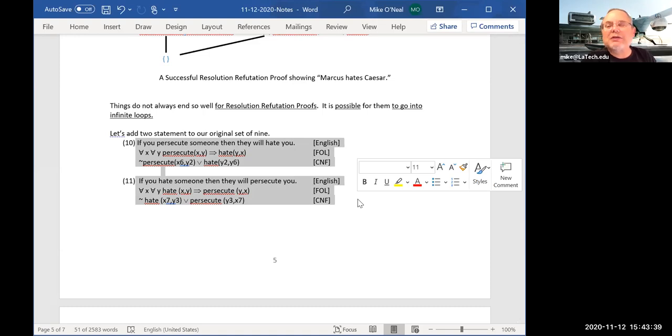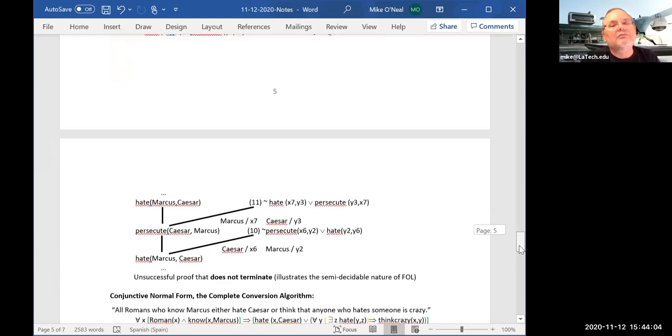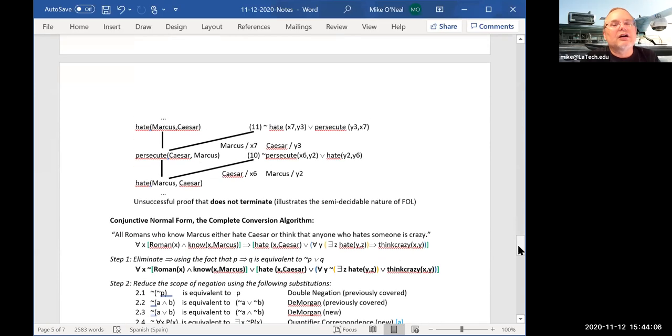People you don't like, you tend to be mean to. So statement 10 is saying that if you persecute somebody, then they're going to hate you. Where 11 says that if you hate somebody, then you're going to persecute them. Well, just a little bit of thinking about it, and I convert these right here through logic and to conjunctive normal form. If you think about it, those 2 things will cause you problems.